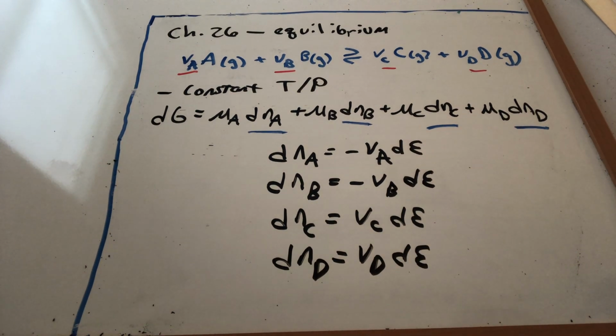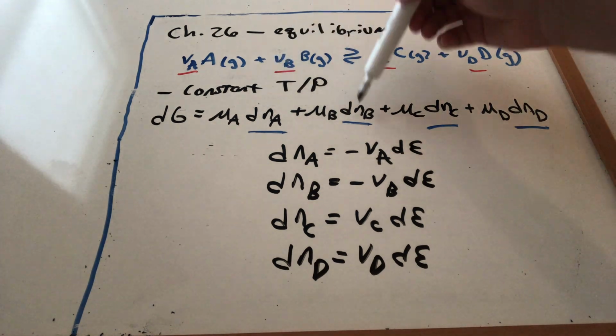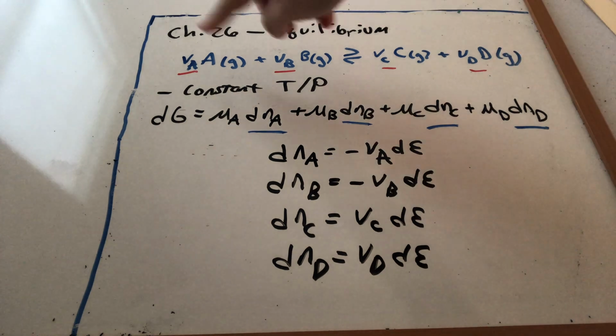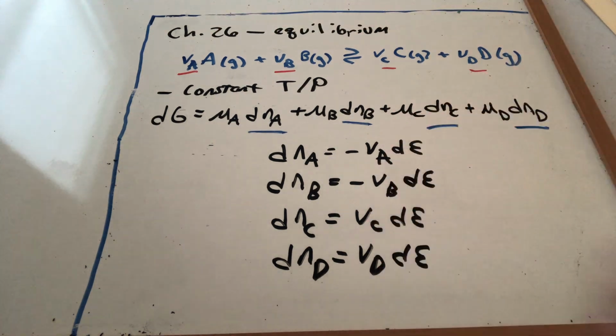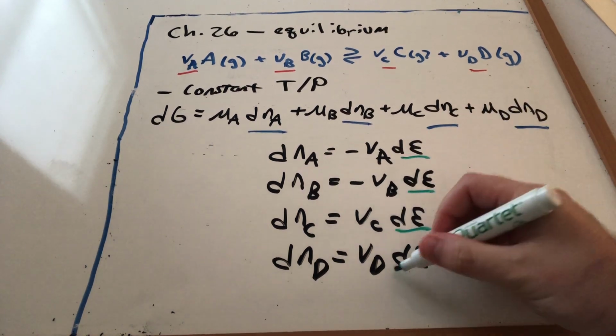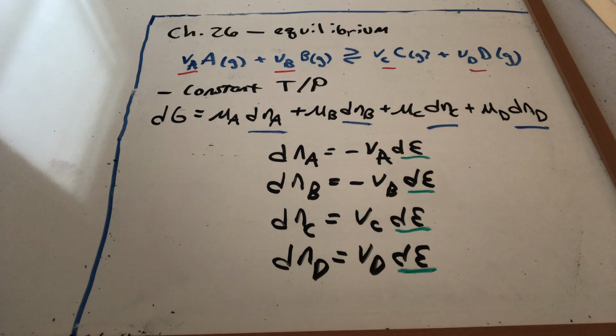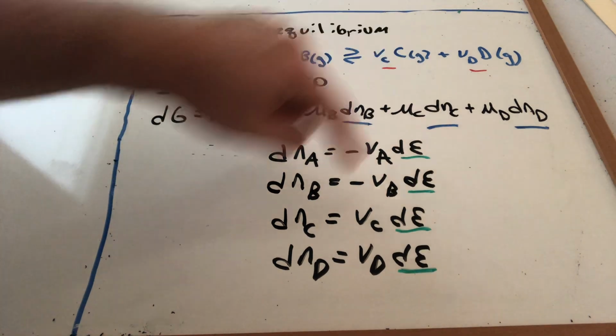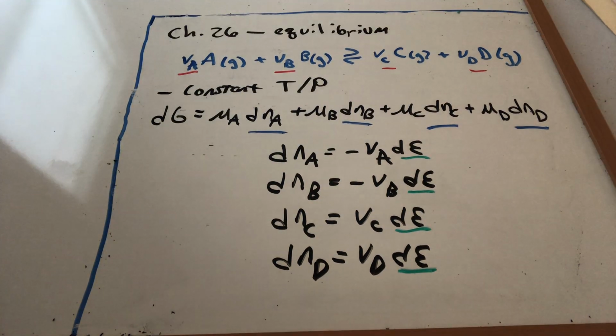So now we can see the utility of extent of reaction. Instead of having 4 distinct changes, we know the stoichiometry. So what we can do is define things in terms of one general change, the extent of reaction. So we substitute all of these into each one of the appropriate spots.